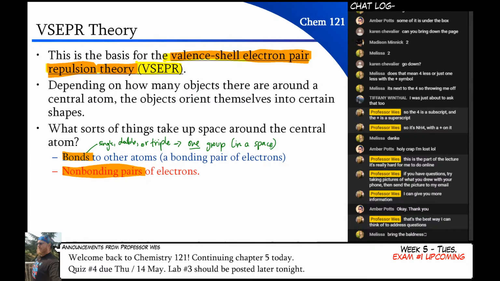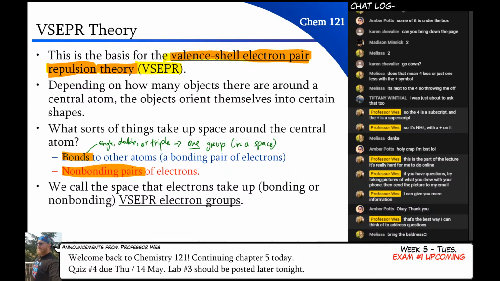As long as they are in the same space, we're going to count any of those, single, double, or triple, as one electron group. So our task is to draw the Lewis structure of a molecule, look at the central atom, and count these electron groups. And there it is, VSEPR electron groups. Depending on how many electron groups we have, that dictates the geometry of our molecule.